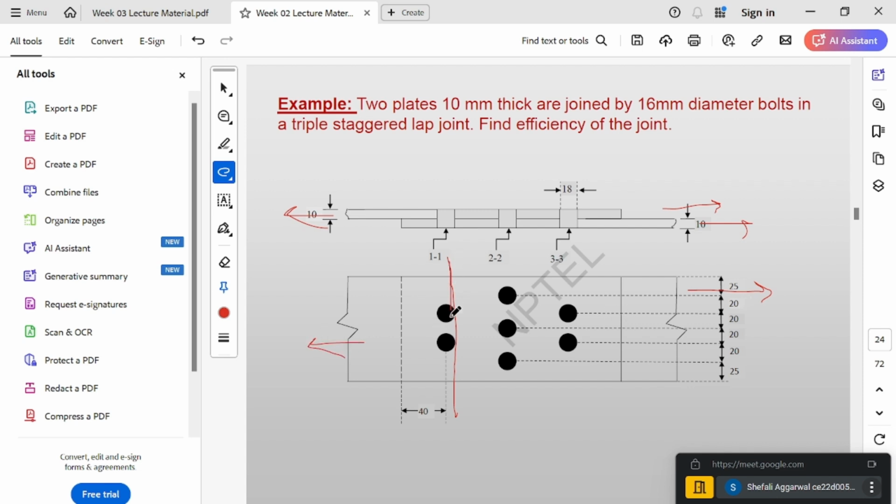For the first plane, we are considering only this load. But when it comes to the second plane, the stresses will be due to these bolts, as well as there will be some effect from these bolts also, right?